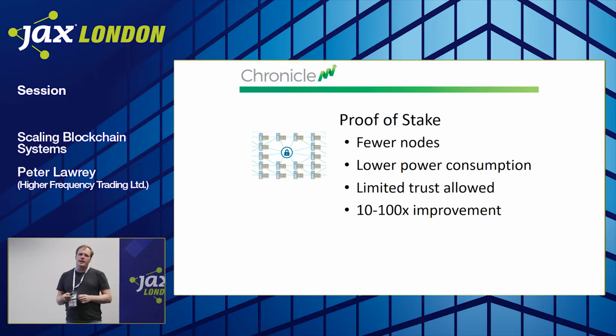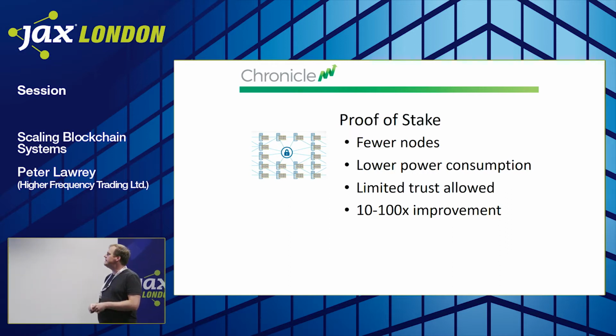So one of the most common proposed alternatives is a thing called proof of stake. Now, part of the reason people use proof of work is that it doesn't require trust between the nodes.